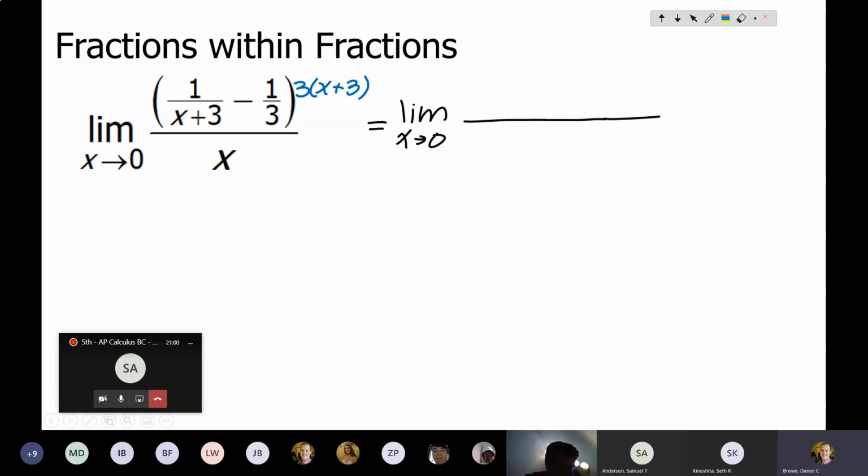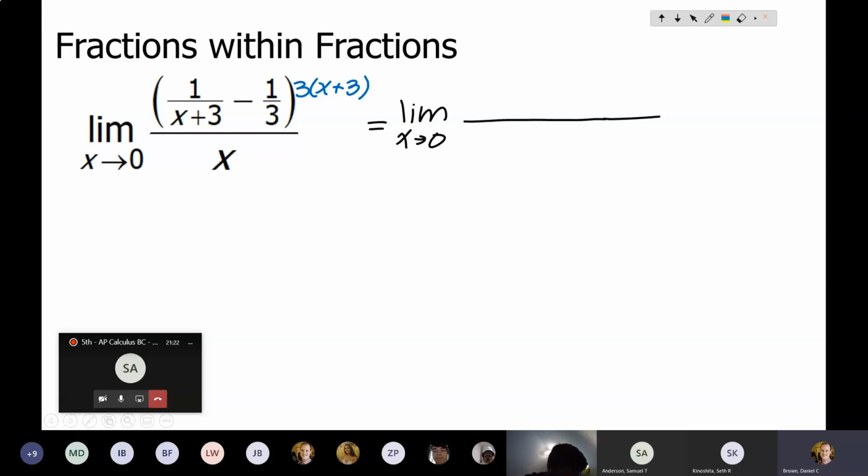So you could do it, I think that was TJ who said it, but we could get the common denominator in the numerator and then simplify that and then divide fractions. I know we all love a good shortcut, so I'm going to take what TJ suggested and expand it. So 3 times x plus 3 is the common denominator.